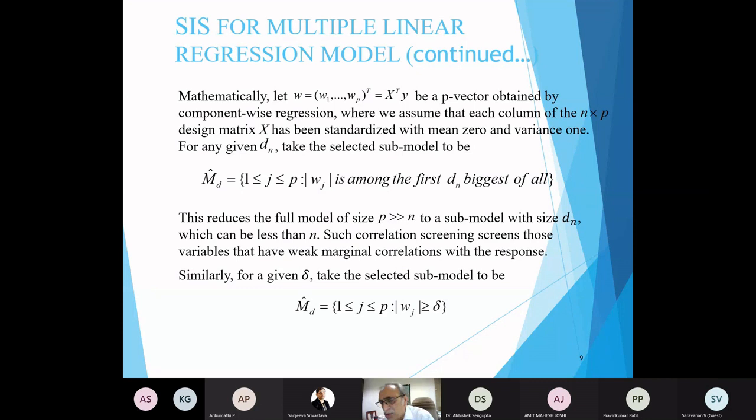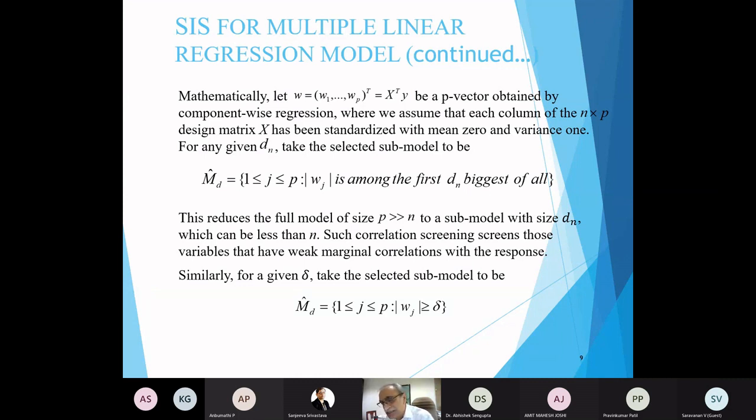Now all of them are not going to be statistically significant. I don't have time to explain what is meant by an estimator being statistically significant. The value may not be exactly 0. The value may be non-zero, but it may still be statistically insignificant, and then it doesn't affect the value of the response variable.